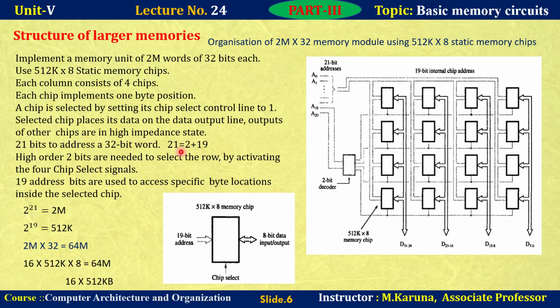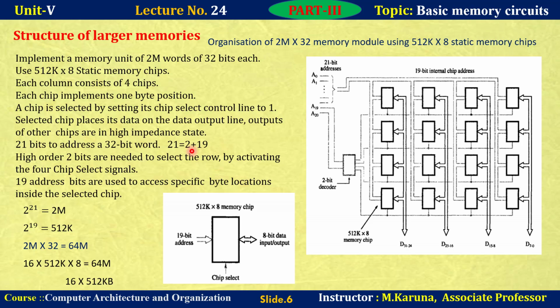The 21 address lines are divided into 2 address lines and 19 address lines. The 19 address bits are used to access specified byte locations inside each chip of the selected row. The 2 address bits are used to select chips in a row with the help of the chip select signal.